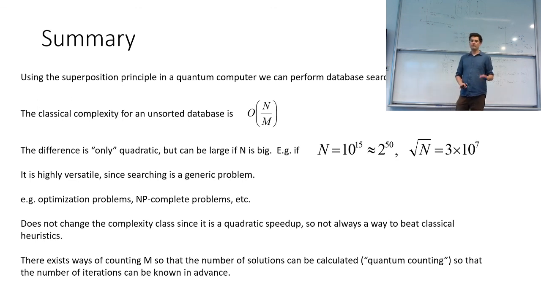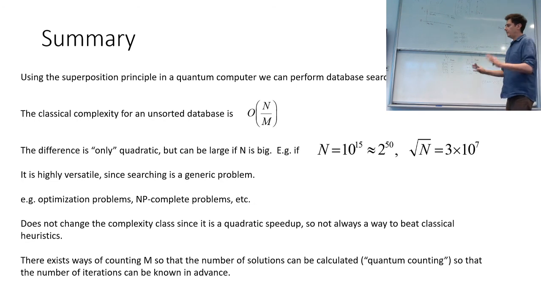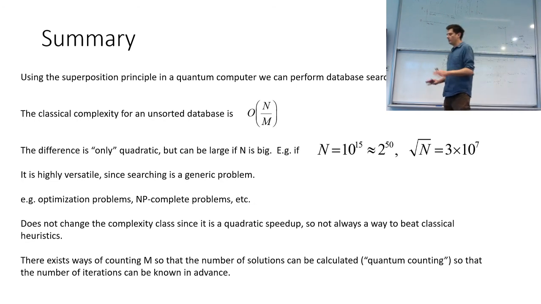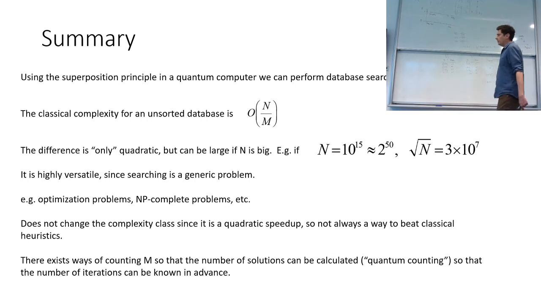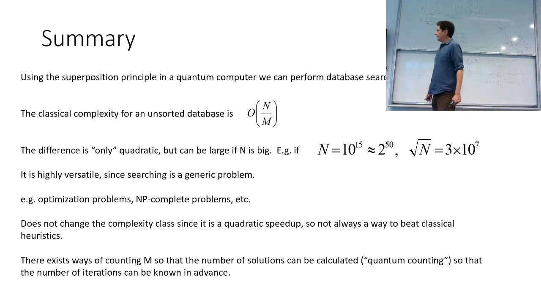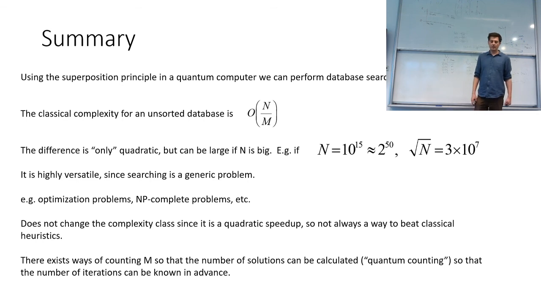The polynomial ones are called P, and the exponential ones generally are in this NP class. And it's widely believed that these are different classes.